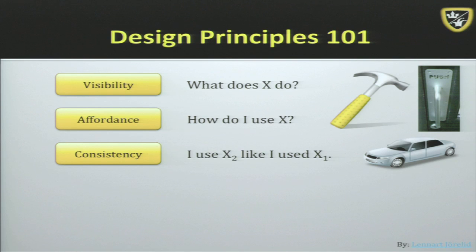Consistency. Repeating yourself is a good thing in terms of design. I use one car just like I used another car. Even if you haven't driven a nice new Lexus like ever, and a car is a very complex piece of machinery, I bet you, if you have a driver's license, you could just as easily sit down in that new car you've never been in before and keep on driving because of consistency.